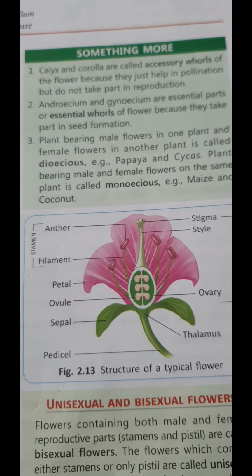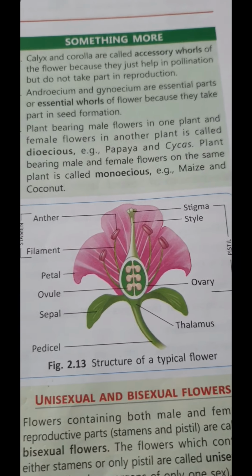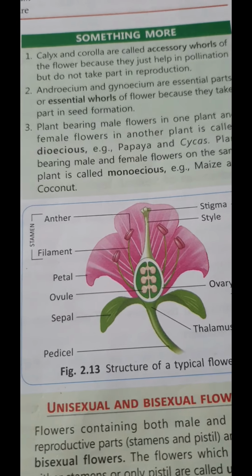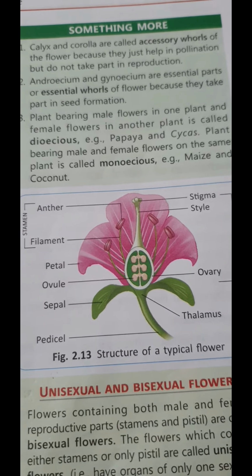Now a plant bearing male flowers on one plant and female flowers on another plant is called dioecious. A plant bearing both male and female flowers on the same plant is called monoecious.